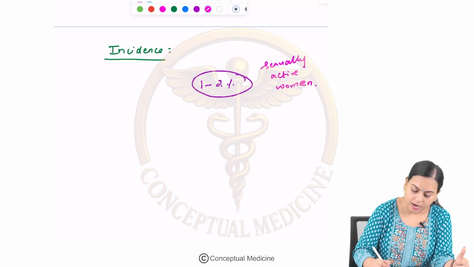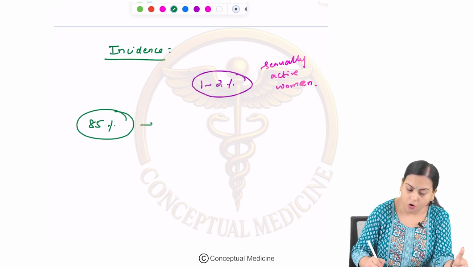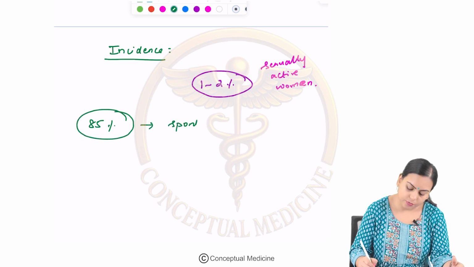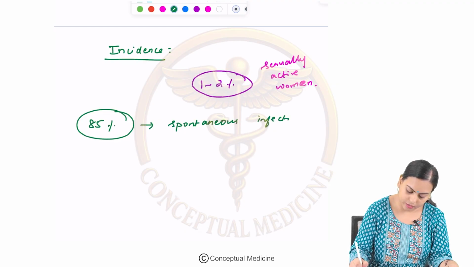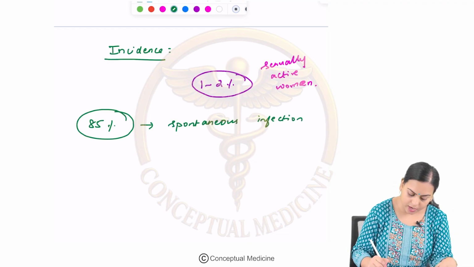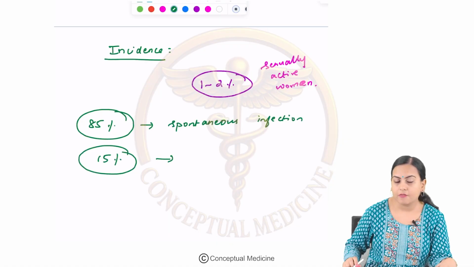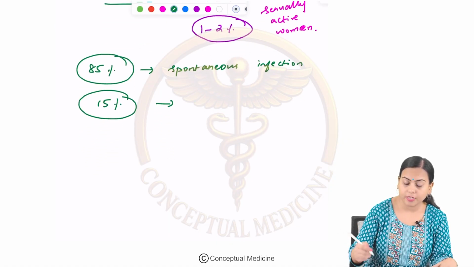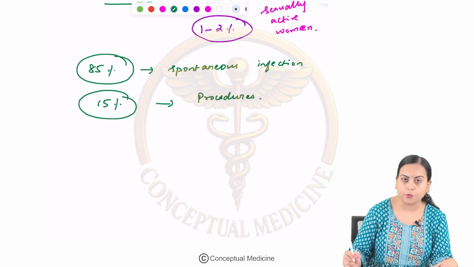In that, 85% are seen as a spontaneous infection in sexually active females of reproductive age and 15% are seen following procedures they undergo.